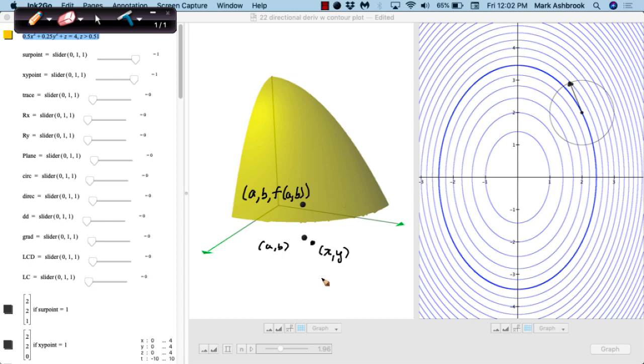What I want you to do is estimate, based on the math that we've been doing, the z value at this point (x, y, z).